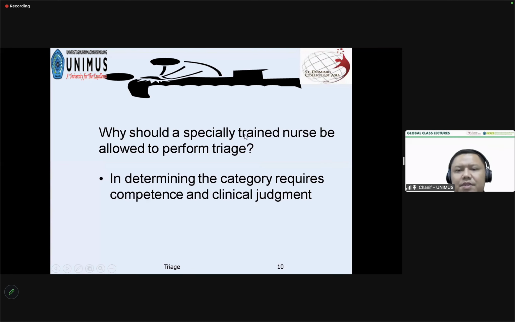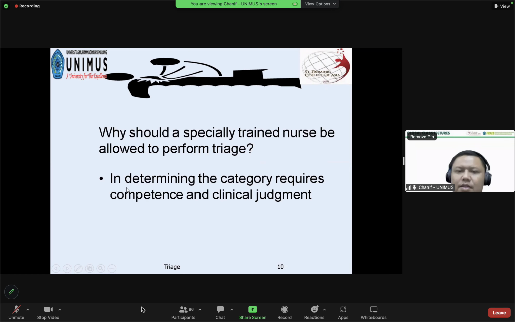Why should a specially trained nurse be allowed to perform triage? Determining the category requires competence and clinical judgment. Based on the experience, the nurse who has a lot of experience in emergency department can predict the next condition of the patient.